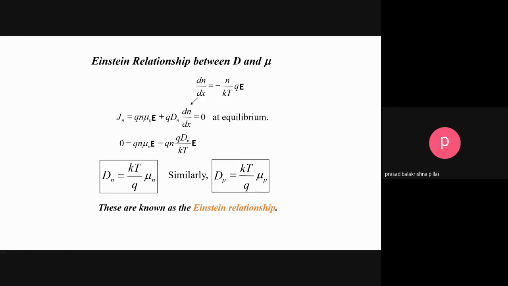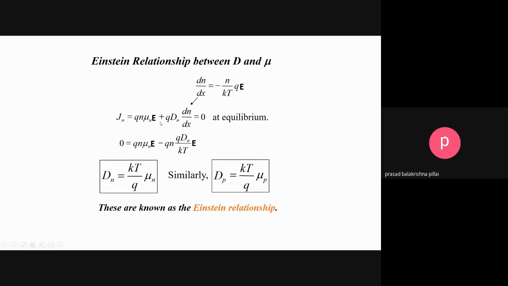Whereas in the case of electron diffusing, as soon as the electrons move away, charge neutrality is violated. The electron moves, so a donor ion will be exposed. Similarly for holes, an acceptor ion will be exposed. So there will be a gradual build-up of electric field. And at equilibrium, the net current will be zero.